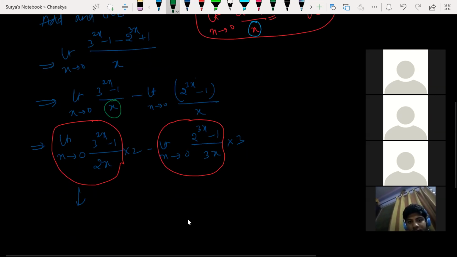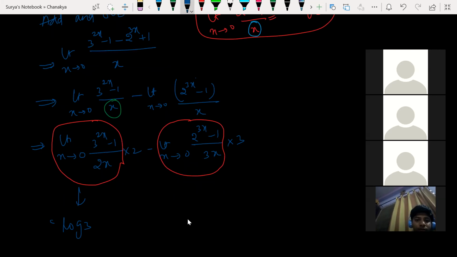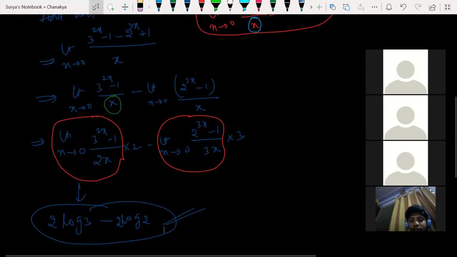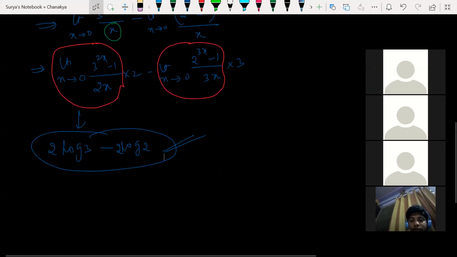So log 3 right here. Log 3 into 2, 2 into log 3, which gives me 2 log 3, minus here log 2. So a is what here? So 2 log 2 minus 2 log 3 is my answer. 2 log 2 minus 2 log 3 is the answer.